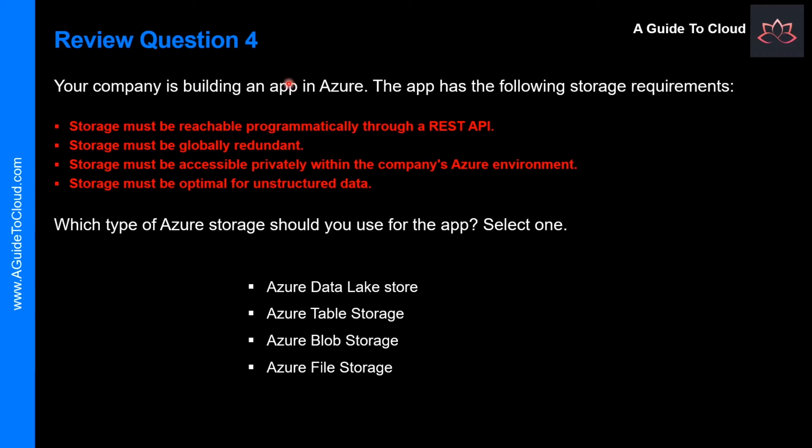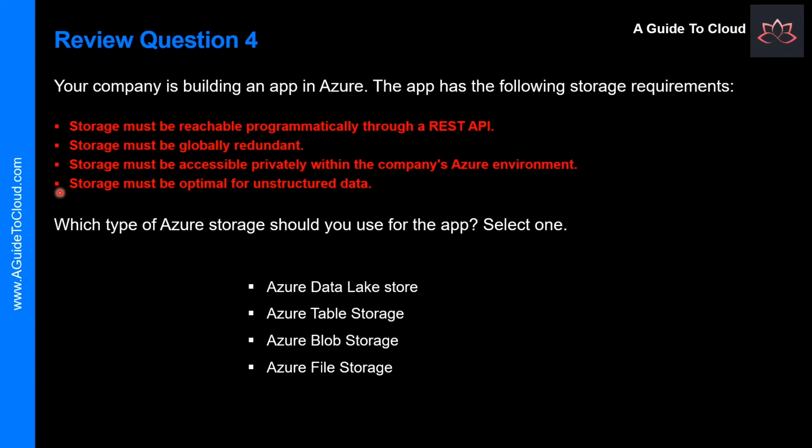Let's look at question number 4. Your company is building an app in Azure. The app has the following storage requirements. The storage must be reachable programmatically through a REST API. The storage must be globally redundant. The storage must be accessible privately within the company's Azure environment.